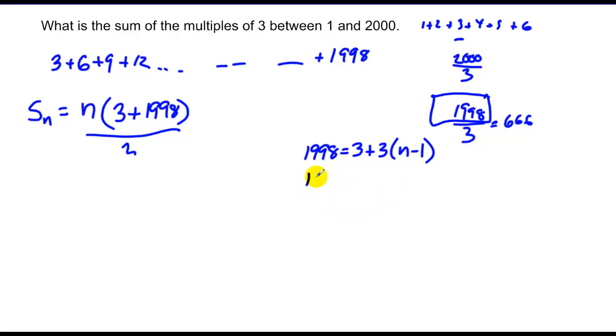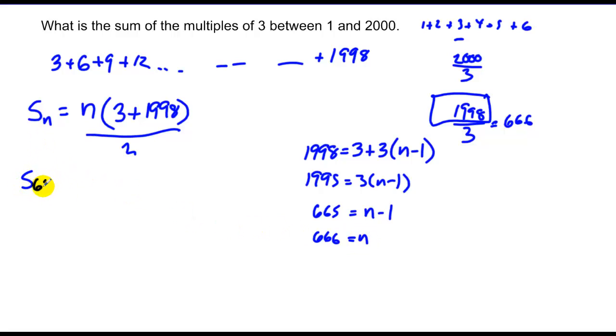Do our subtraction. That's 1995 is equal to 3 times n minus 1. Take 1995, divide that by 3, get 665 equal to n minus 1. So we have 666 is equal to n. And now we plug it in.